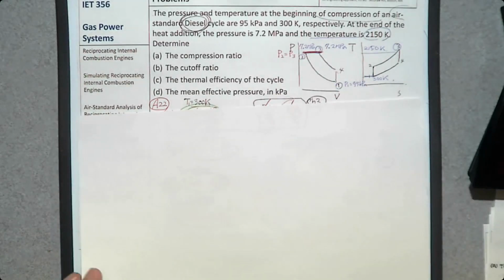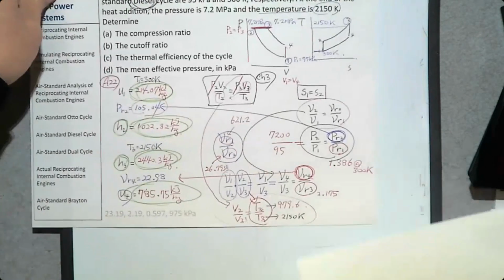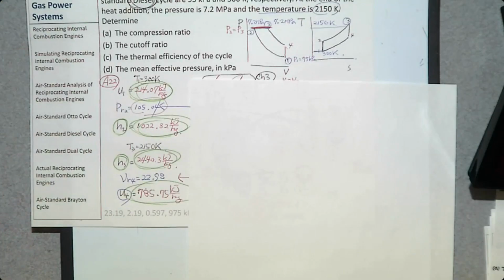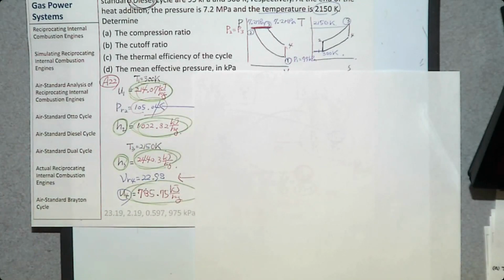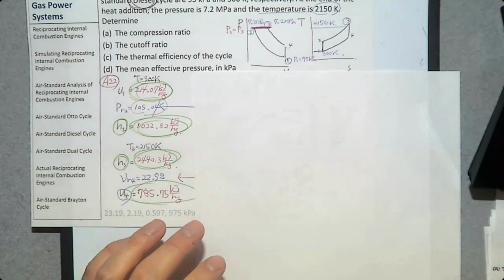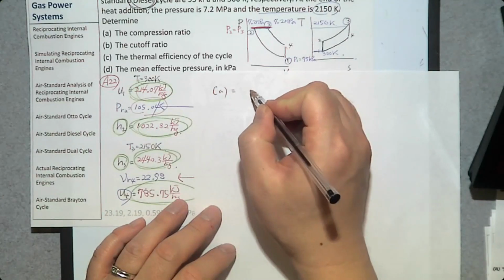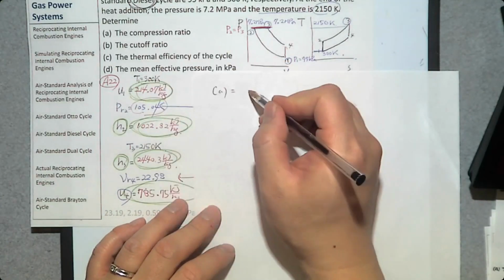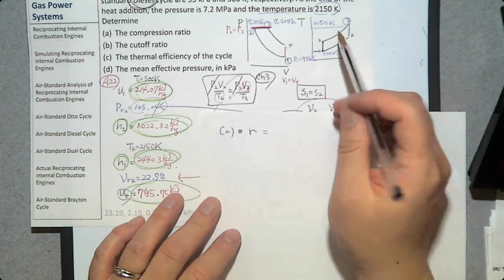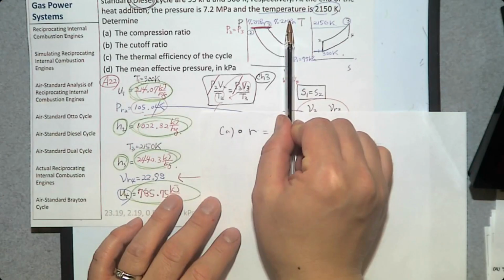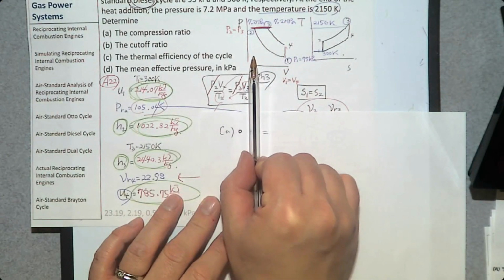Okay, let's solve this problem. The last time we determined U1, H2, H3, and U4. So this time we are going to determine the compression ratio r, which is the volume ratio between the bottom dead center and the top dead center, so V1 divided by V2.